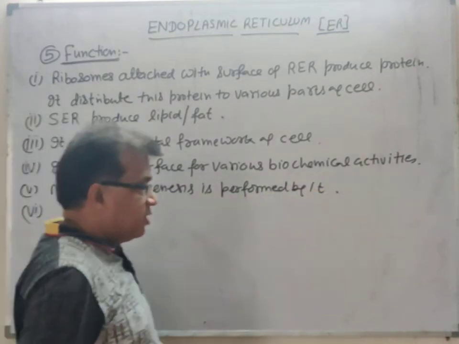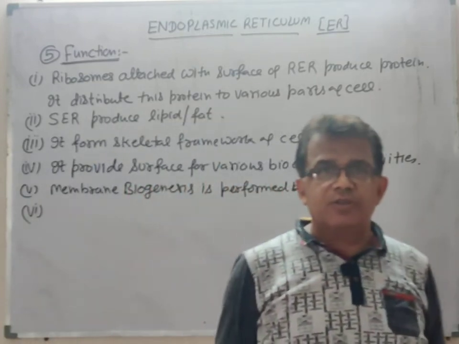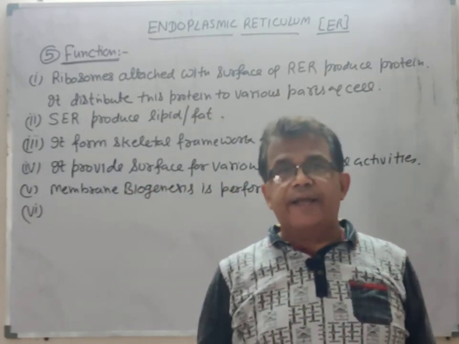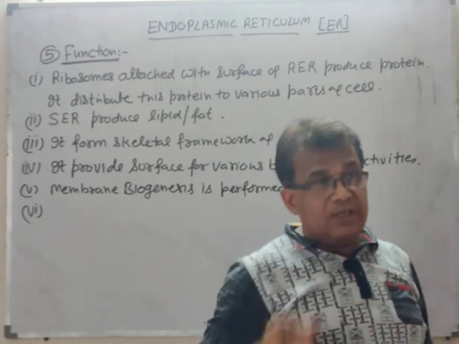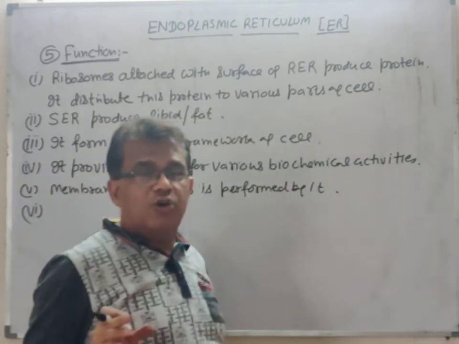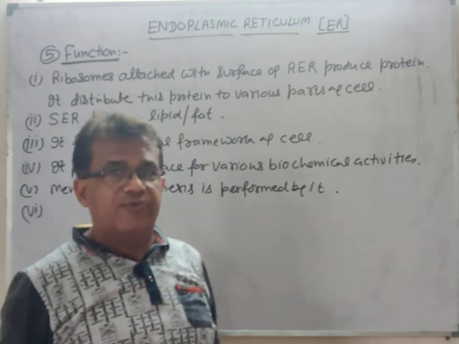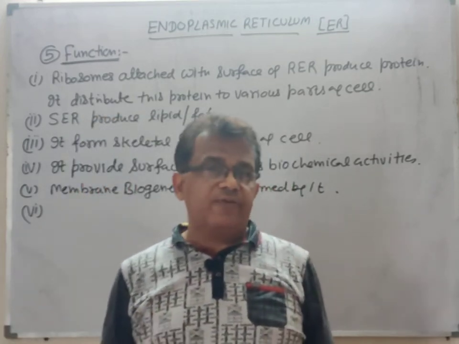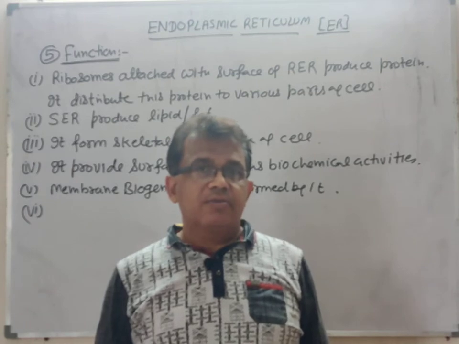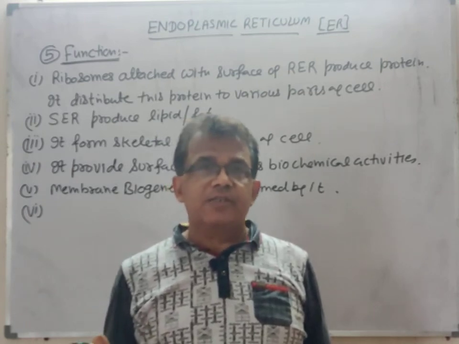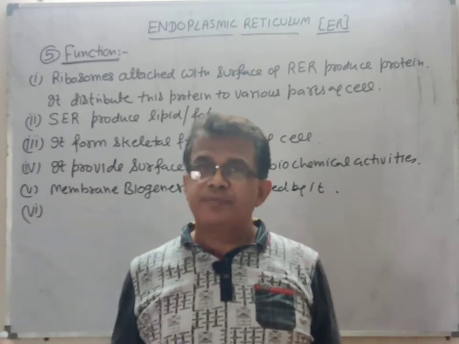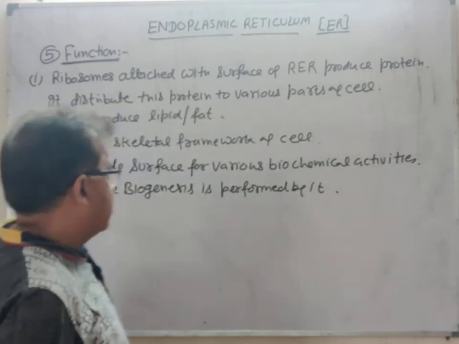Now we eat various toxic substances. Toxic does not mean poisonous in that sense, like various drugs and medicines, tea, coffee. Such substances have a toxifying, poisonous effect. That toxifying effect majorly affects the liver, so that is removed by the endoplasmic reticulum.